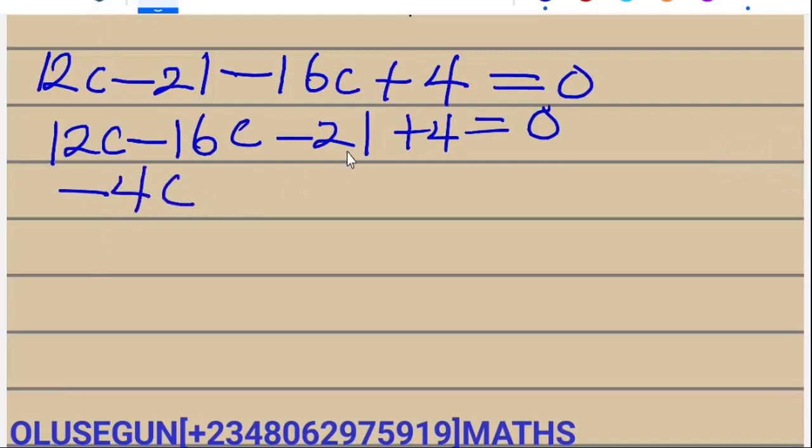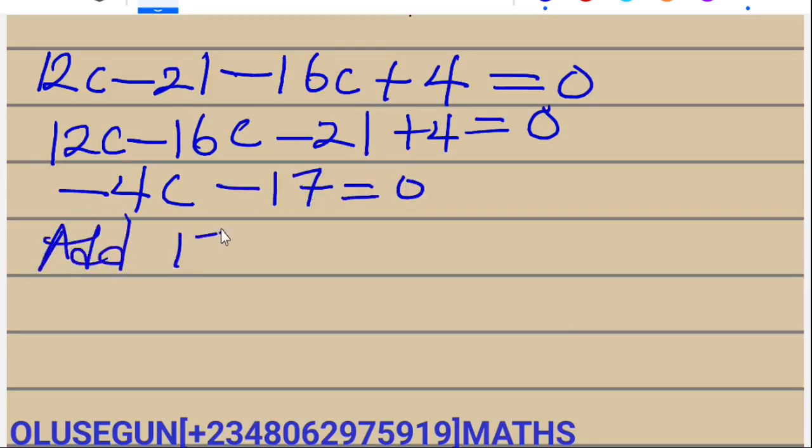By the time you subtract 21 minus 4, it will surely give us minus 17 is equal to 0. So let's add 17 to both sides. Our method before, add 17 to both.